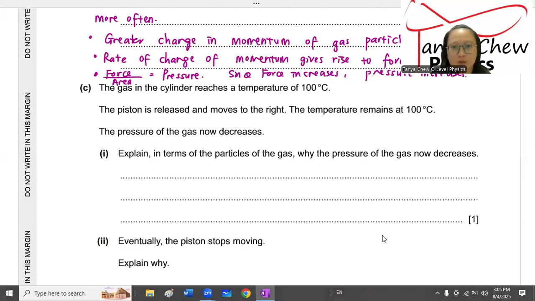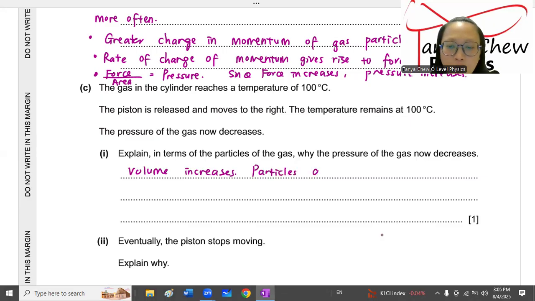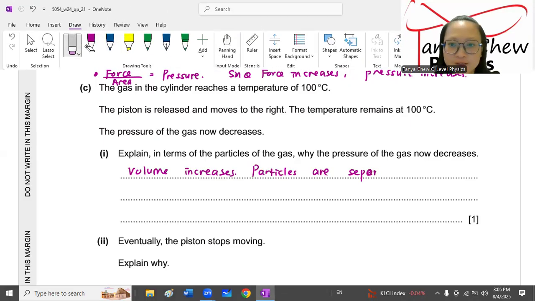Well, the pressure decreases because the piston is allowed to move to the right. I would say that because the volume increases. What to do with the volume increases? Particles are separated. Separated, I'm so sorry, spelling error here.